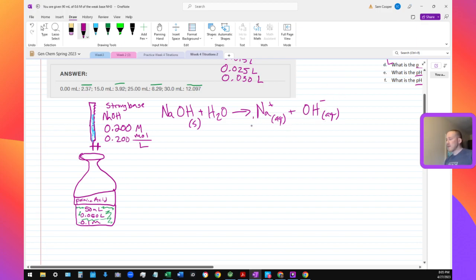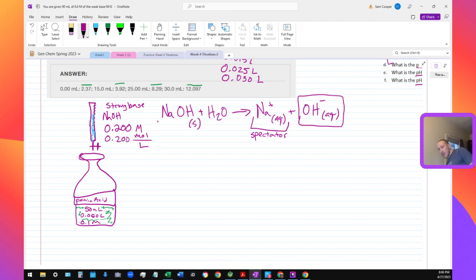And the sodium cation is a spectator that we basically don't care about. It is very happy to not take or give any electrons or protons. It's a neutral spectator. So really what we're talking about is the hydroxide. When we talk about sodium hydroxide, the strong base, we're really talking about the hydroxide part.